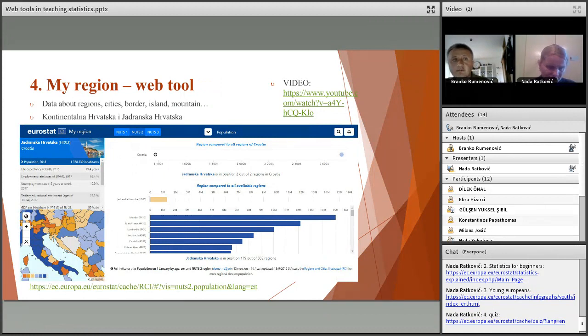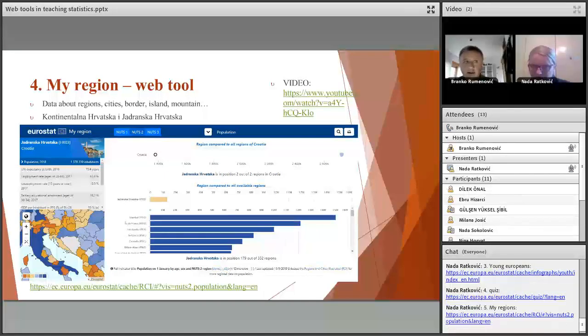The next web tool is My Region. It is a little bit difficult tool. It is for students who want to know more. In this tool, students can compare data for regions, cities, and borders from one region to another region.